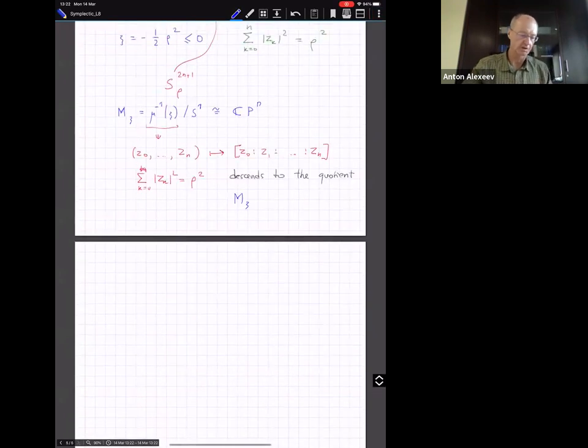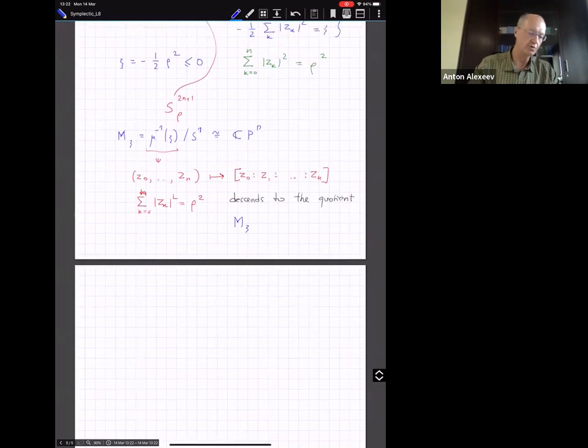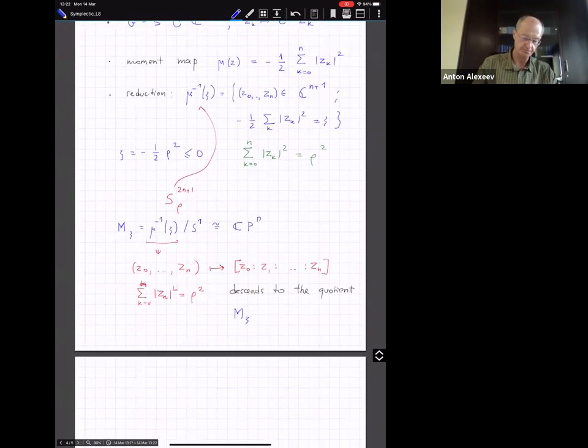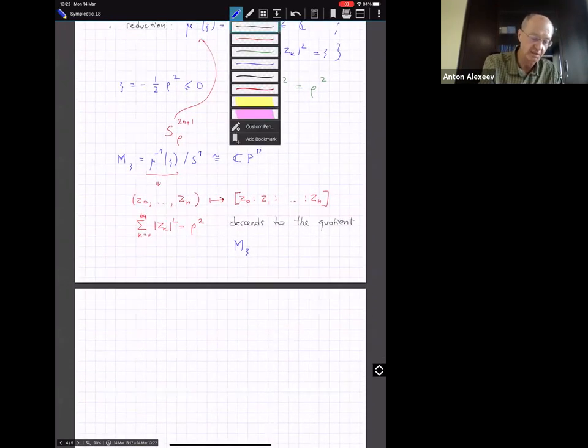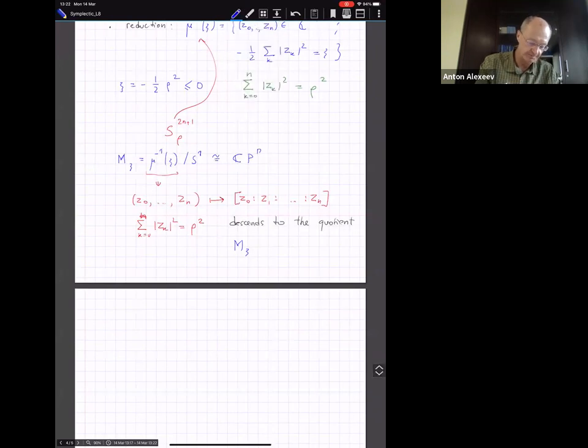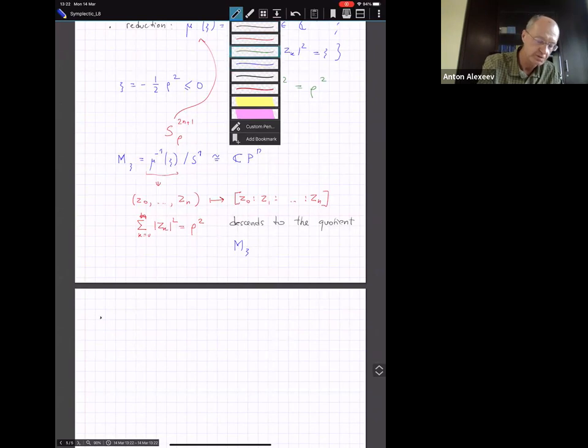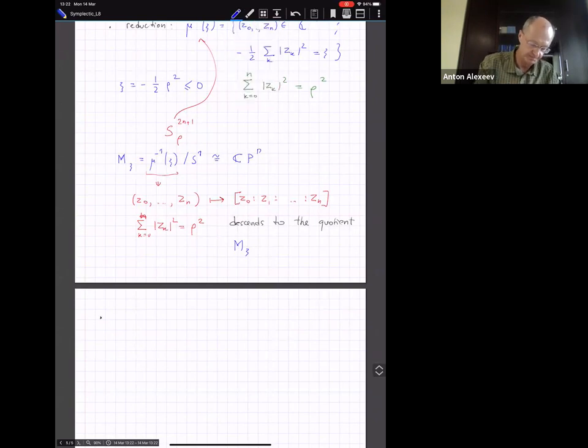So now, of course, we know the formula: xi star omega equal to pi star omega xi. We know theoretically that this formula uniquely defines omega xi.